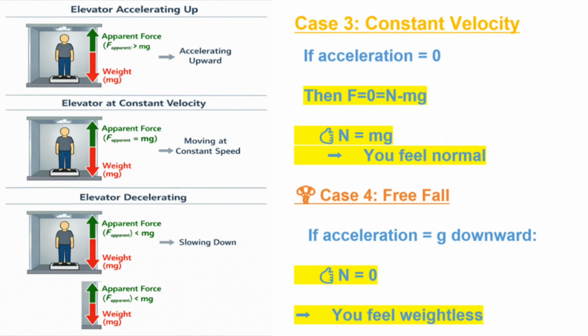And if the acceleration of the elevator is same as the acceleration due to gravity, which is directed in downward direction, in this case, the normal force on the person will be zero and he will feel weightless. So your actual weight never changes. What changes is your apparent weight, the force you feel.